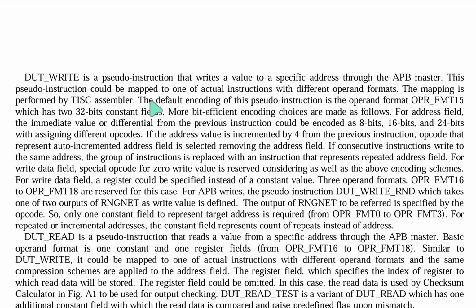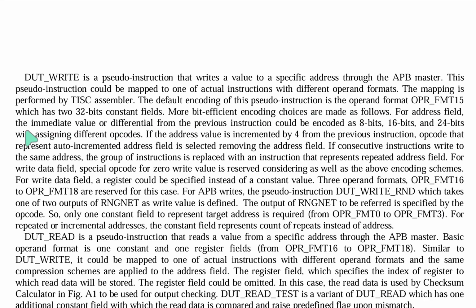The default encoding of this pseudo instruction is the operand format OPR_FMT 15, which has a 32-bit constant field. More bit-efficient encoding choices are made as follows.